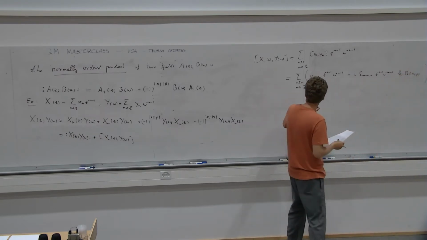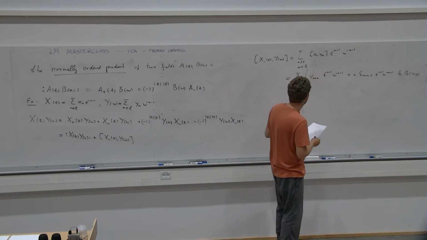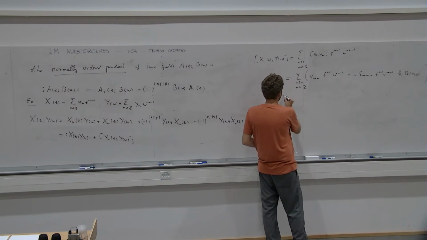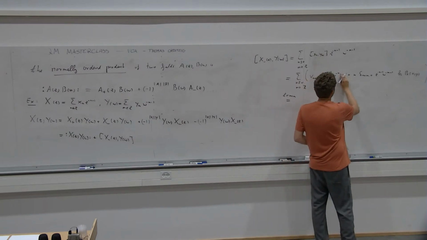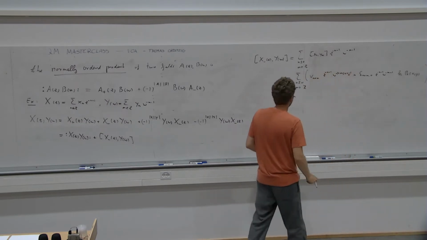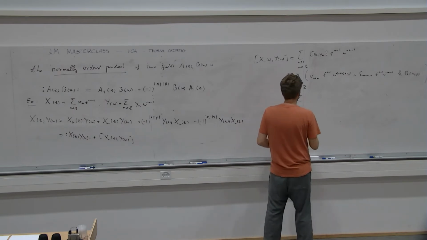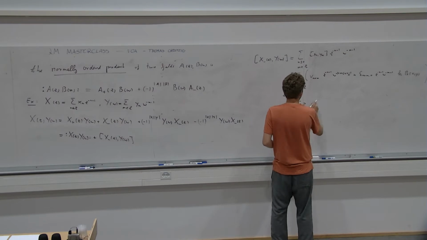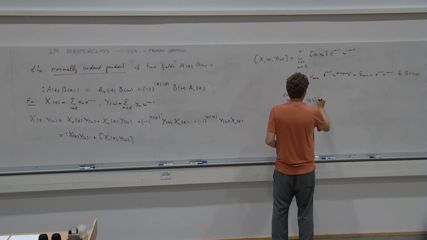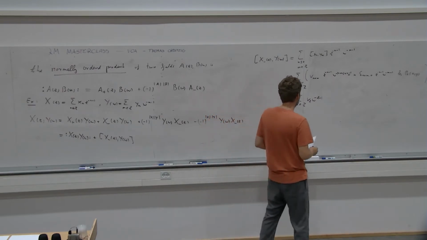And now I again want to express this in terms of a field. So I set l to be equal to n plus m. So this means here this m I write as l, I add an n, and then I have to subtract it again. And then we get the sum over l of v_l z to the minus l minus 1, so the field associated to the vector v.